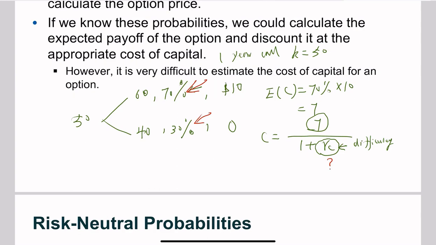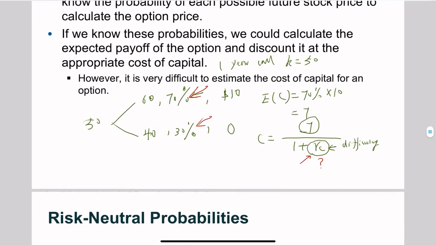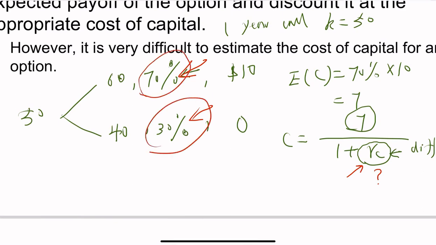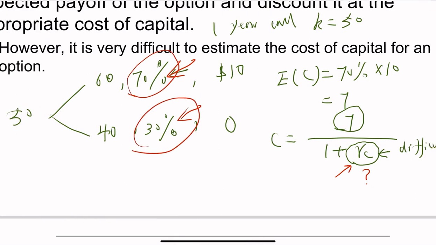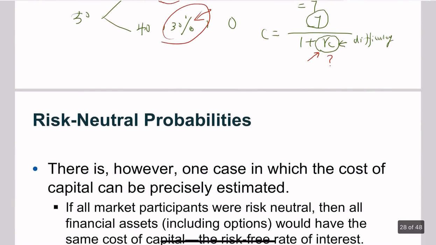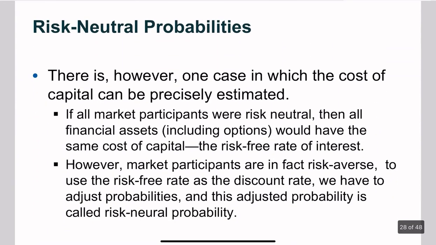What if it's easy for us to find out the cost of capital for the call option, but instead we need to adjust our probabilities? That is, we can actually find out this guy, but we have to modify these guys. This is the basic idea of using risk-neutral probabilities to price an option's value.